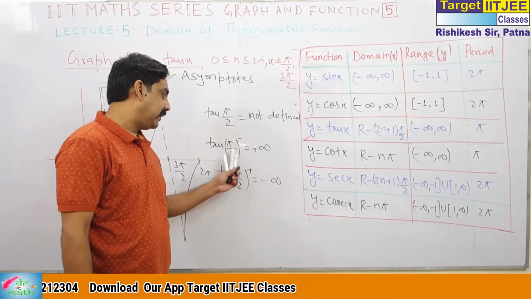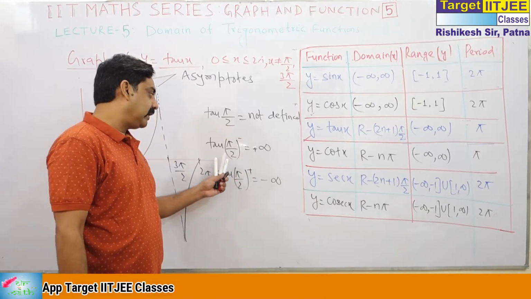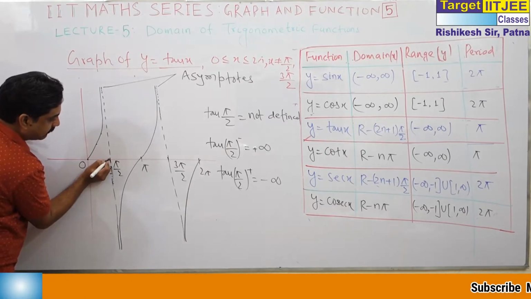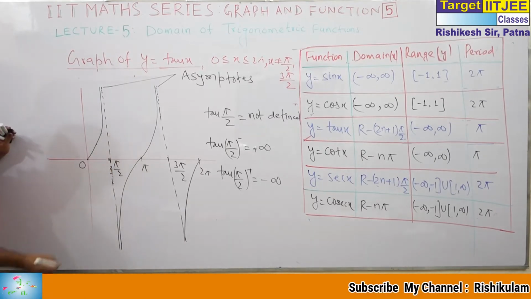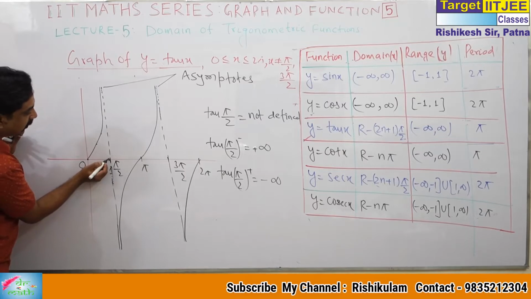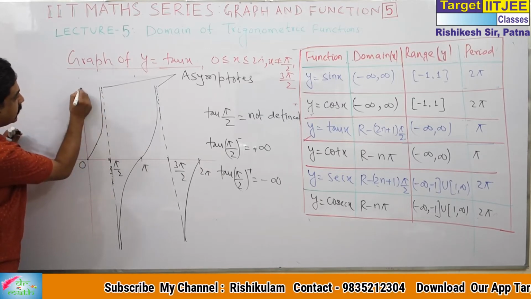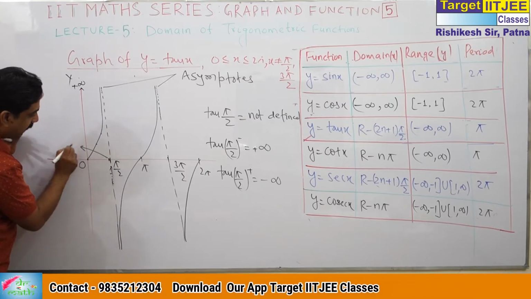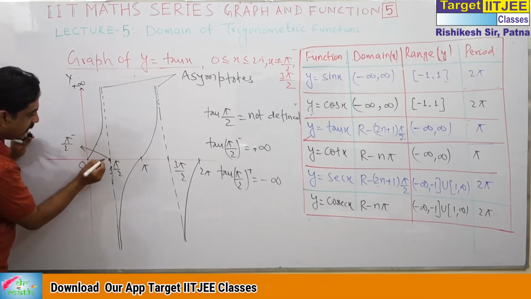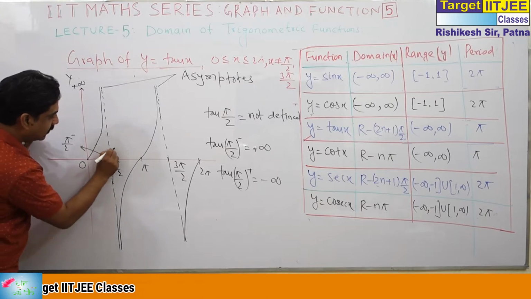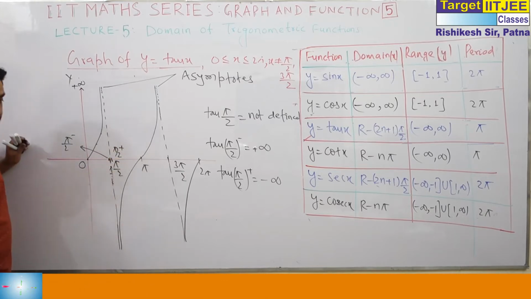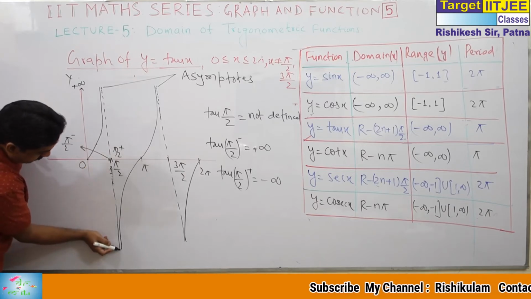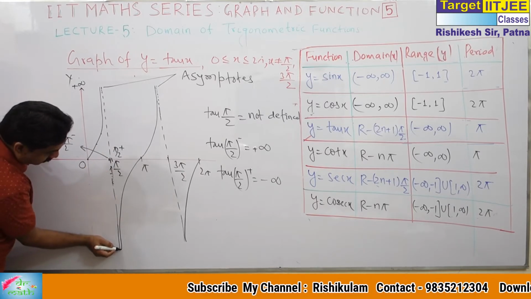This is actually a limiting value. Pi by 2 minus means just before pi by 2. So just before pi by 2, if you see the graph, it goes to plus infinity on the y-axis. The point just after this is pi by 2 plus, where the graph goes to minus infinity.